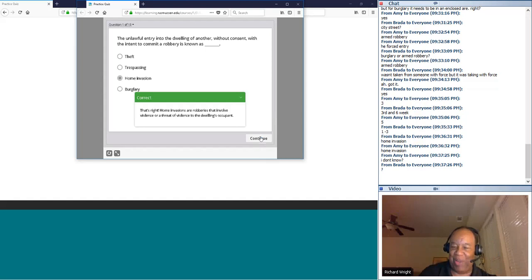When you see robbery, it has to be from the person of an individual. And they gave you in the scenario without consent with intent to commit a robbery. So they told you that one of the elements of robbery is from the person or threat.